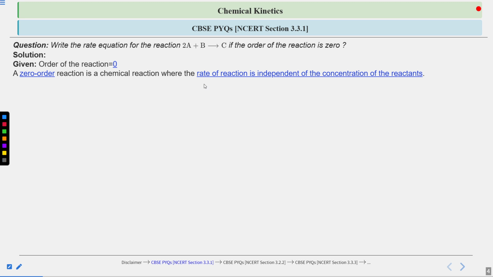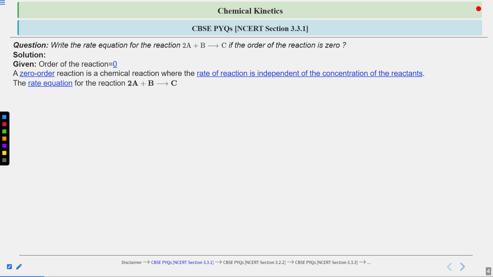As we have already covered, as the name says, zero means the rate is not depending on the concentration of our reactant present in the reaction.